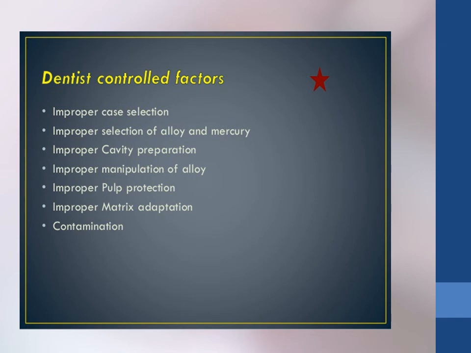Improper selection of alloy and mercury, improper cavity preparation, improper manipulation, improper pulp protection. You do not protect the pulp, you do not give an insulating base. Improper matrix adaptation and contamination due to moisture, due to saliva. So, these are all the clinical factors that may contribute to failure, and these are basically due to the dentist or basically due to the operator.